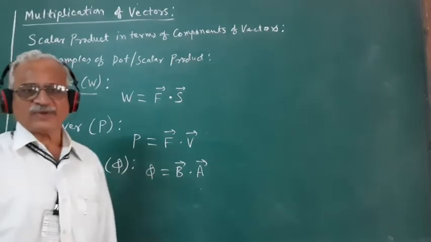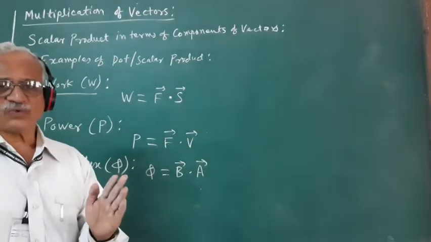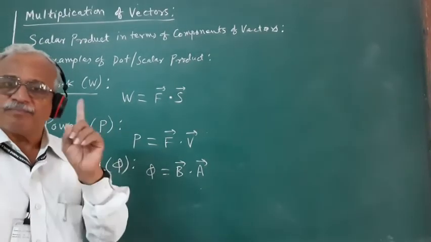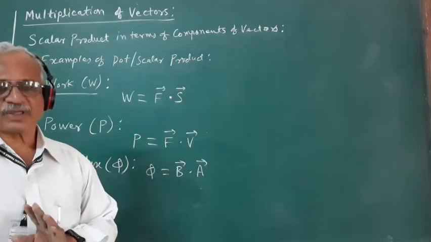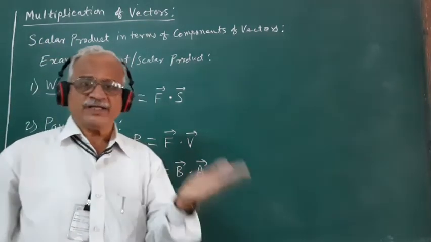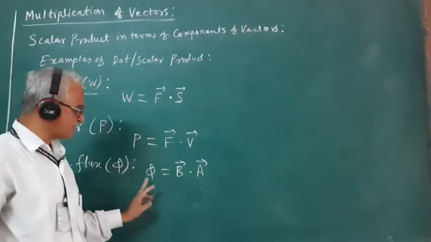This magnetic flux gives the total number of lines of force passing through a given area A perpendicular to it. The magnetic flux passing normally through the given area is called the magnetic flux.